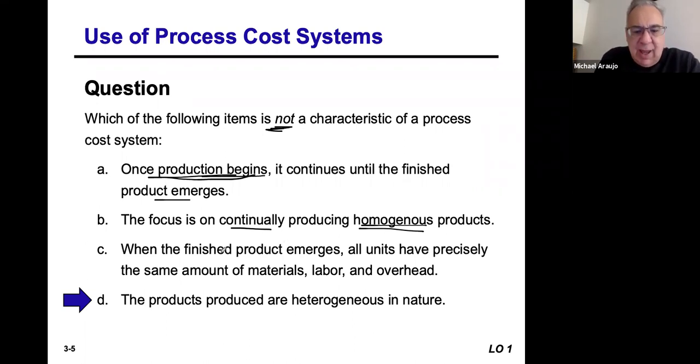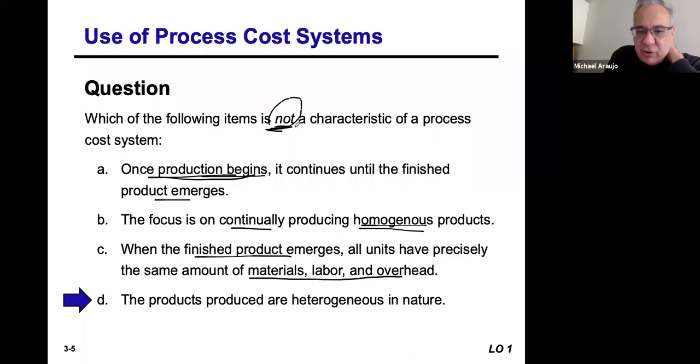And basically speaking, another characteristic is that the same amount of materials, labor, and overhead are used to produce each product. So one bottle of Coke has the same amount of materials, labor, and overhead used to produce it as the next bottle of Coke. And so all of these are true.